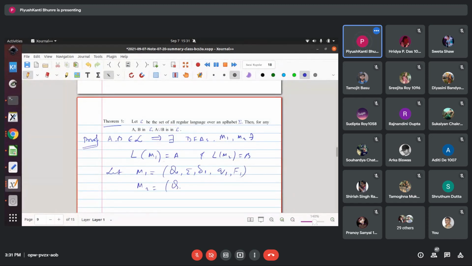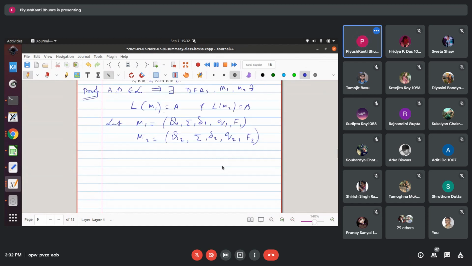And M2 is Q2, sigma, delta 2, the start state q2, and the set of final states is F2.